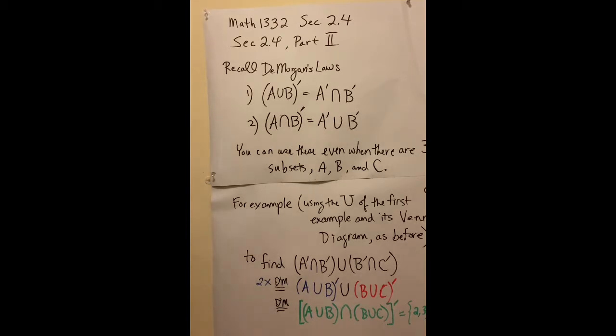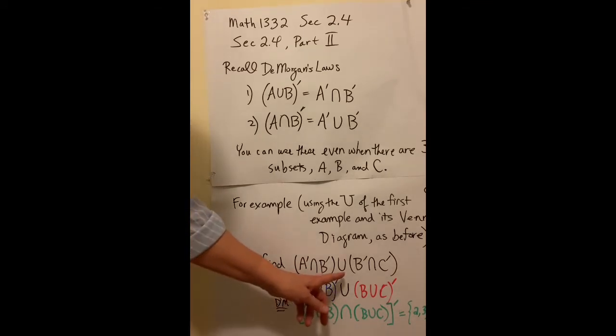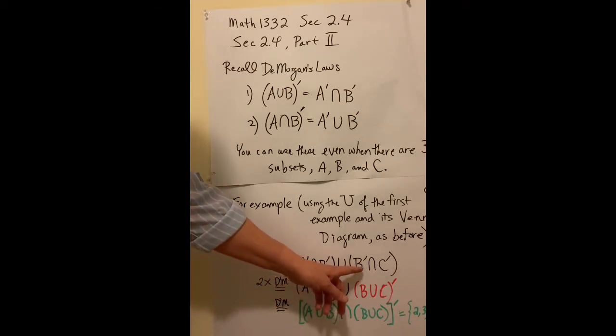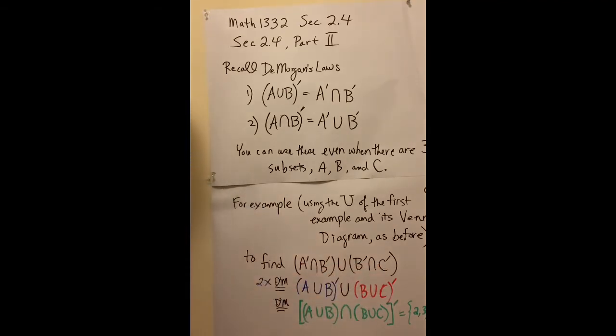And of course, you can keep using that even if there's more than just two sets floating around. So for example, let's say you were tasked with finding this set here: the intersection of A complement, B complement, union the intersection of B complement, C complement. So one application of DeMorgan's law says this is equal to that.